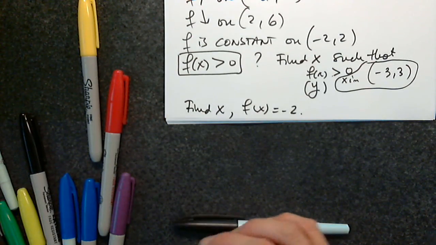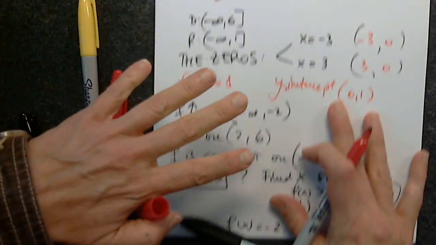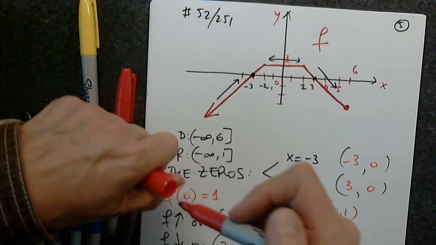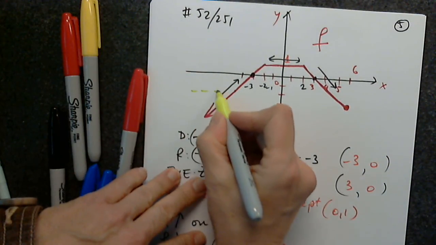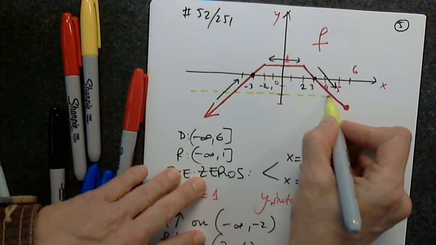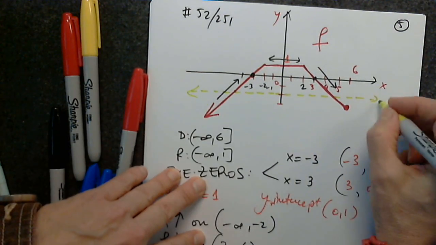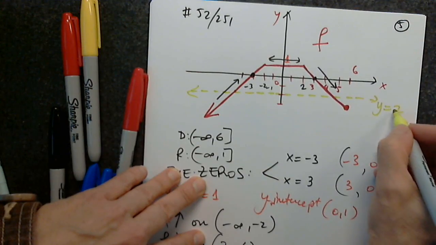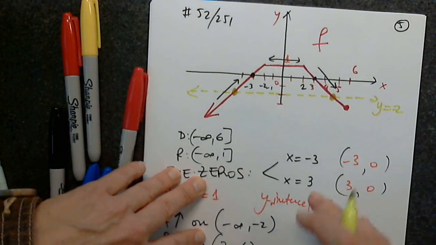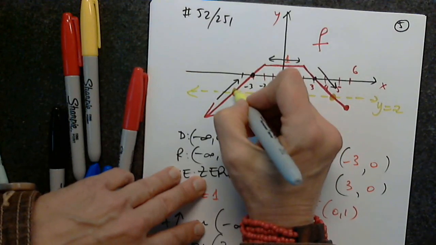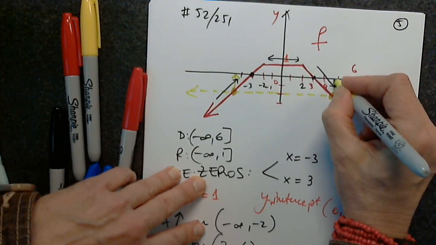I have to draw a horizontal line, and I'm going to my graph, and this is the horizontal line at -2. So this is y equals -2. I see it crosses the graph in 2 points. Therefore, I will be reading 2 different x values.